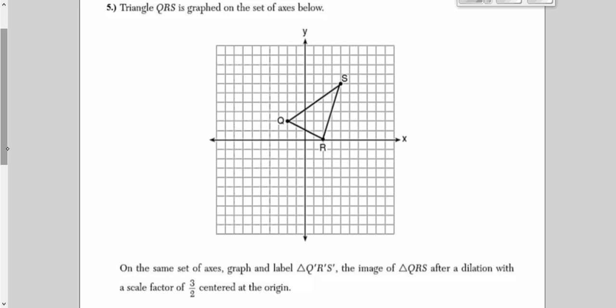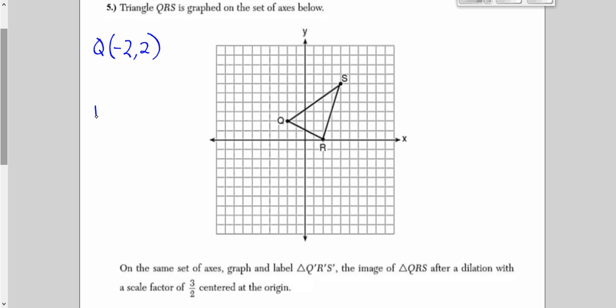All right, take a minute. I'll go ahead and start writing down my coordinates for Q, R, and S. So Q, I have it. 2, comma 2. I'll leave a little space because I can do Q prime.